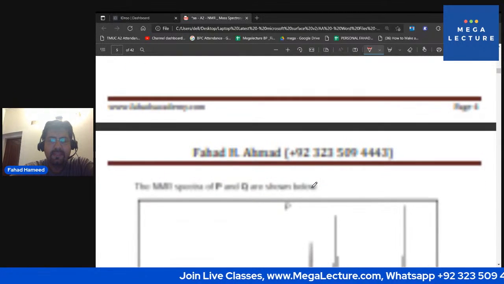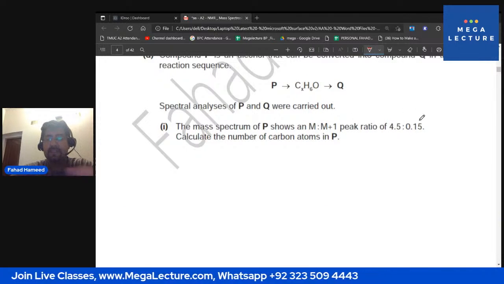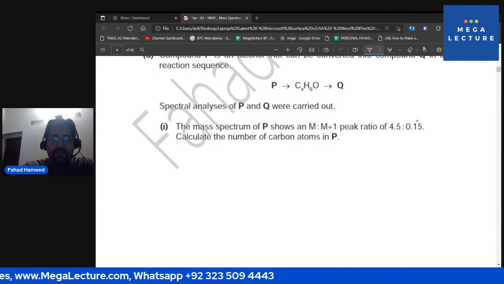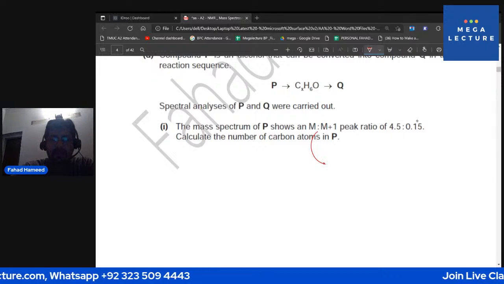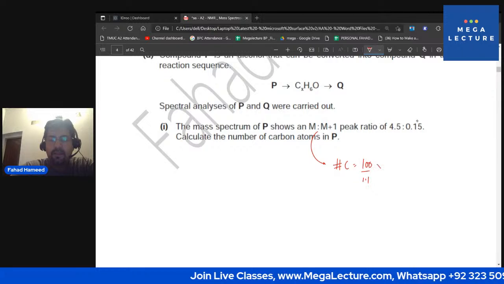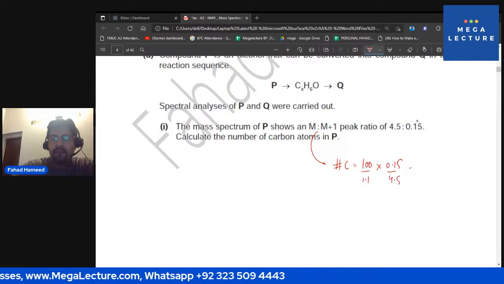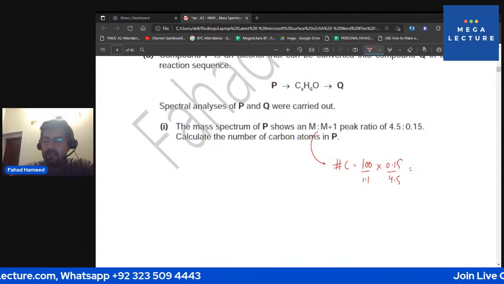So let's do another one. Here's another one. M plus 1 ratio is given. So we need to figure out the number of carbon atoms. It's going to be 100 over 1.1 into 0.15 divided by 4.5. So you do that, you'll get the number of carbon atoms.